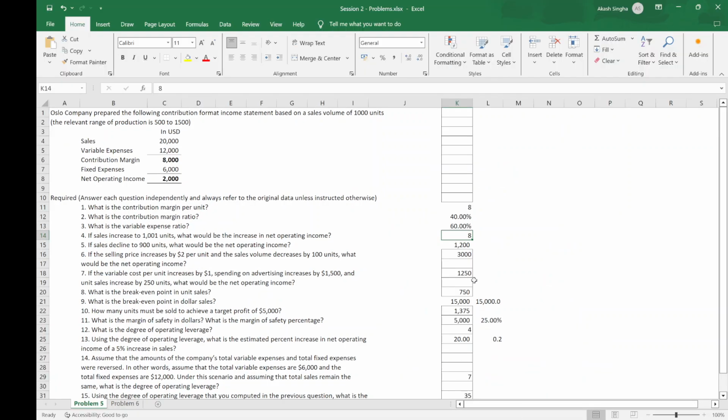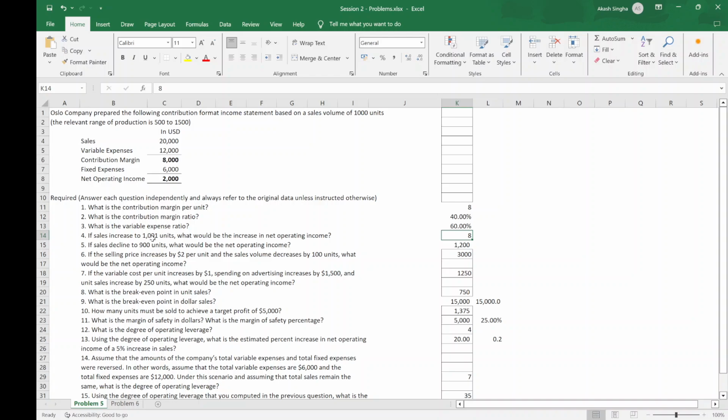Okay, this is variable. Yeah, that's right. Variable expense ratio is 1 minus contribution margin ratio. You can do it in one way, like this by this. Or what you can do is variable expense, how much is its ratio in the sales? So 12,000 by 20,000. So yeah, that's what I did.